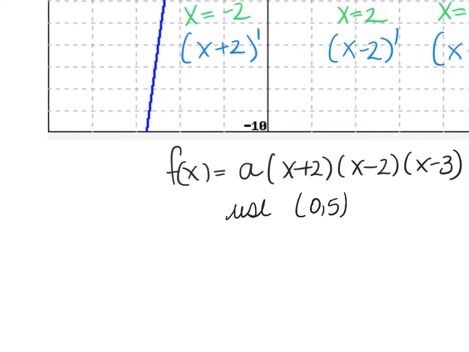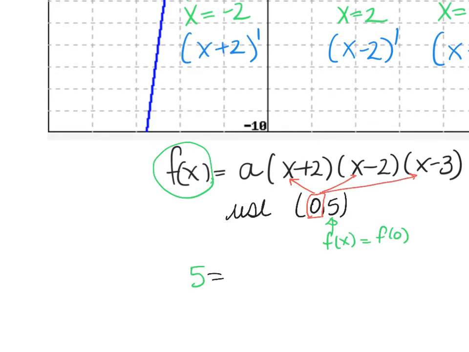Now, what that tells me is this is f of x when we are evaluating at 0, right? So I get to replace this part with the 5. This part is going to go in wherever I see x. So if I put in 0, 5 comes out.